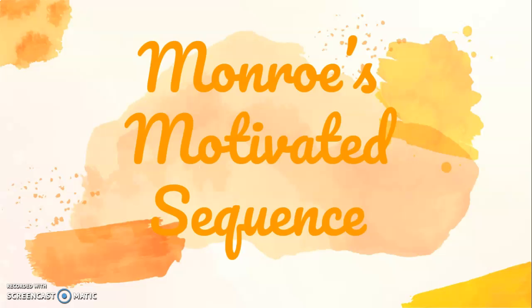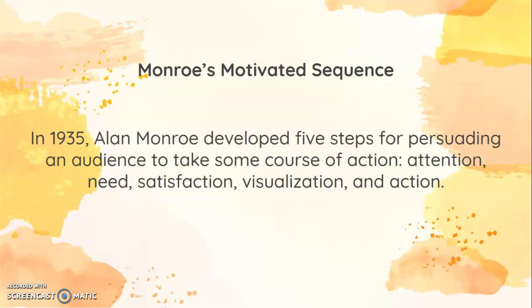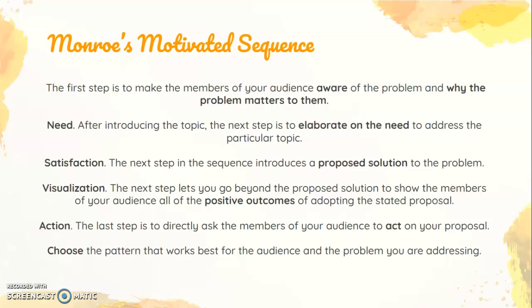Our next organizer that the book talks about is Monroe's motivated sequence. So in 1935, Alan Monroe developed a 5-step for persuading an audience to take some course of action. And those steps are attention, need, satisfaction, visualization, and action. So this is kind of set up as how you would set up your outline for your speech.